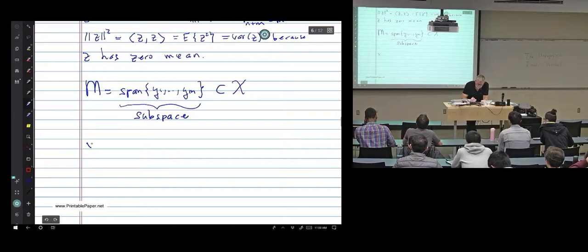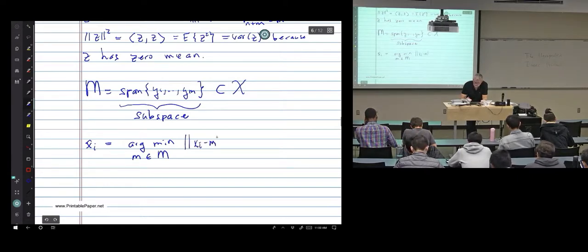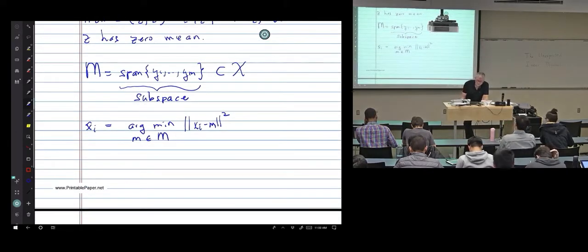And so my best estimate X hat, its ith component is just arg min over m in M, some linear combination of the measurements, of the norm of xi minus m, and we can put a square there if we want. Okay, so this is now a minimum variance estimate of X.